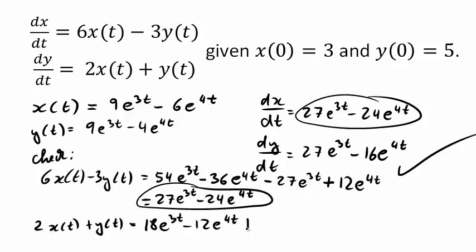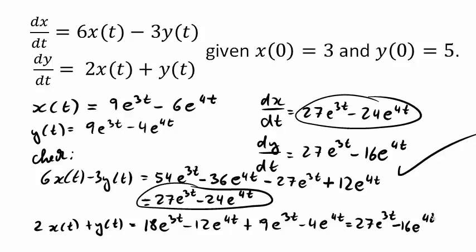And then plus y of t, so that's plus 9 e to the 3t minus 4 e to the 4t. That simplifies to 18 e to the 3t plus 9 e to the 3t is 27 e to the 3t. And minus 12 minus 4 is minus 16 e to the 4t.